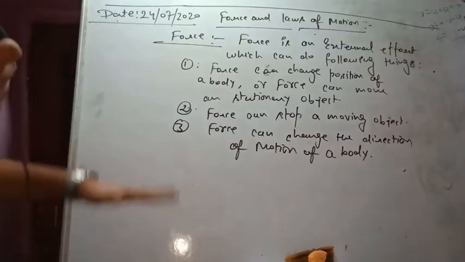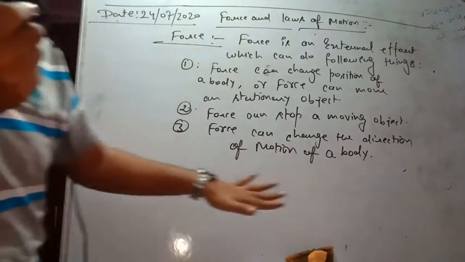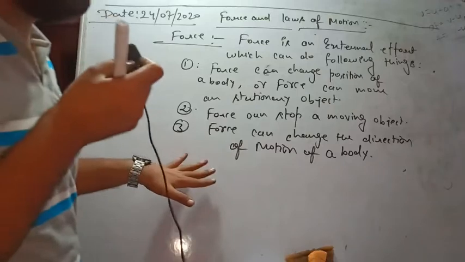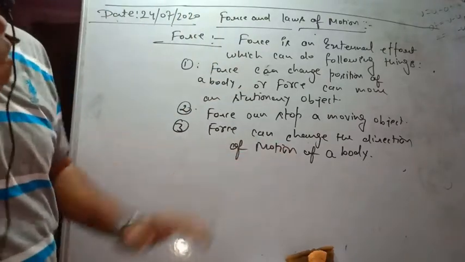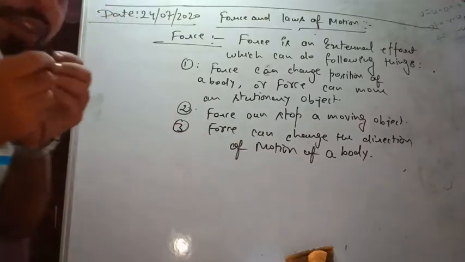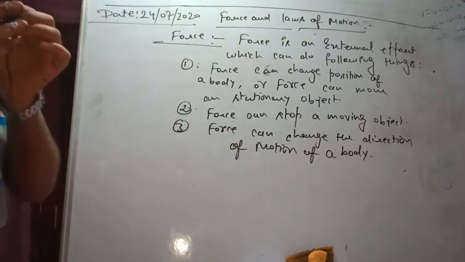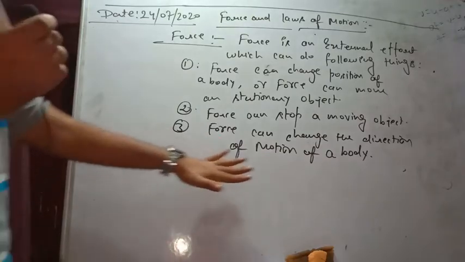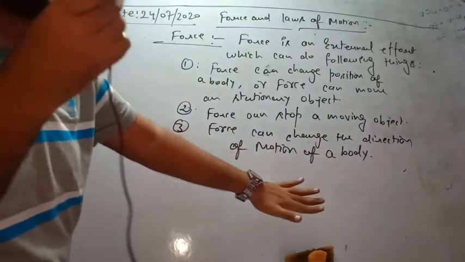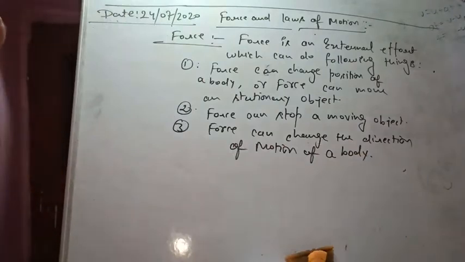For example, Jasprit Bumrah is bowling the ball, and Rohit Sharma plays a shot in a particular direction. What will happen? The direction of motion of the ball is going to change. In which direction will the ball move now? It will surely move in the particular direction where Rohit Sharma is applying the force. So this is the effect which can be caused by force only.